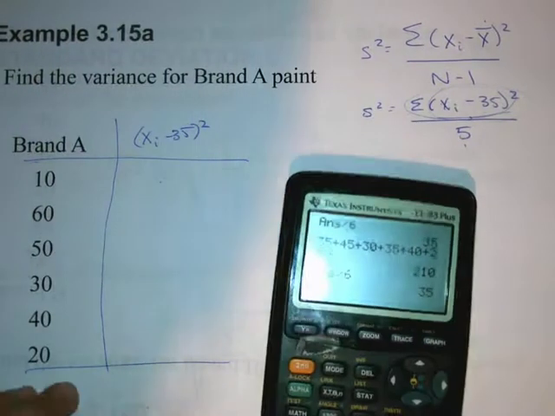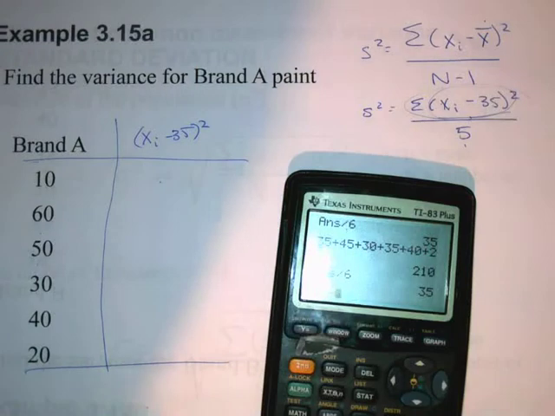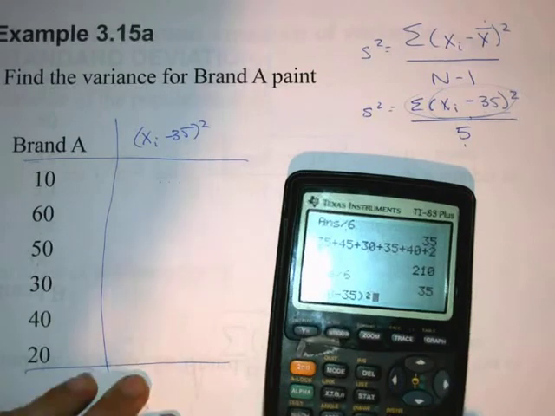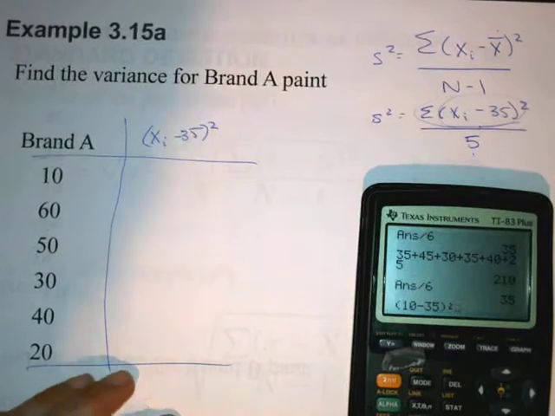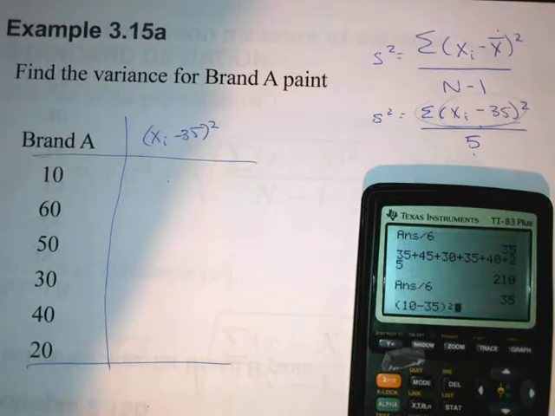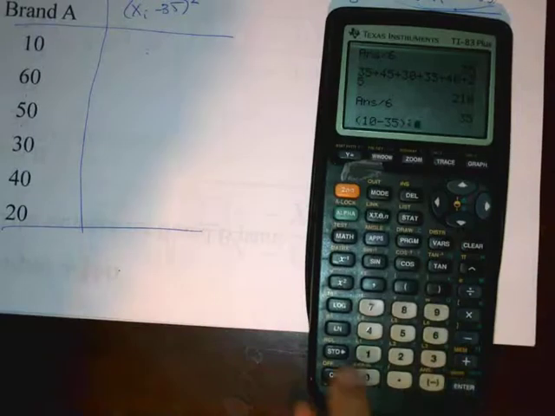So, 10 minus 35, don't forget your parentheses, squared. I like to use my calculator a little bit more like a computer, so I don't have to retype all these numbers. I'm going to go store.